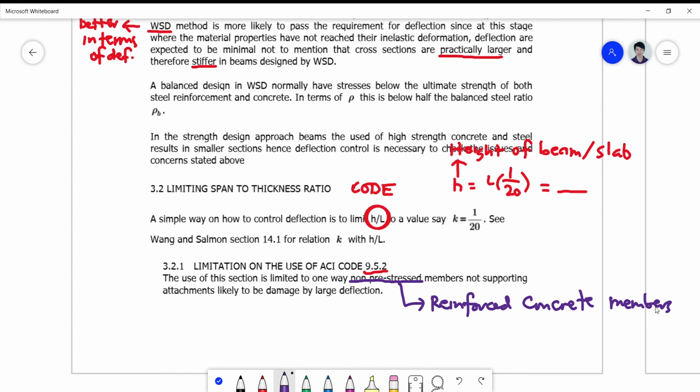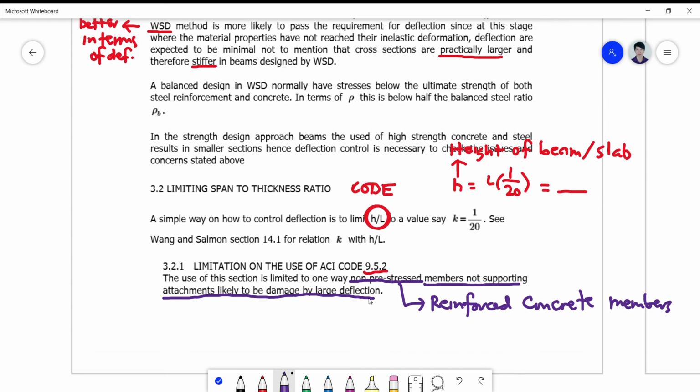And this must be members that do not support attachments likely to be damaged by large deflection. This phrase here is often used in the code, and it simply means that whenever your member does not support any attachment at all that is very critical in deflection situations, then you don't actually have to worry about deflection.